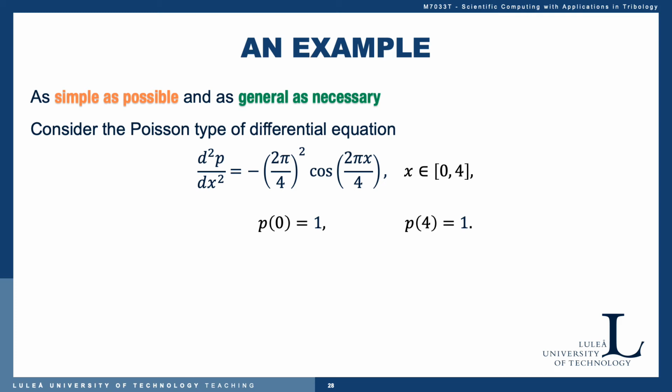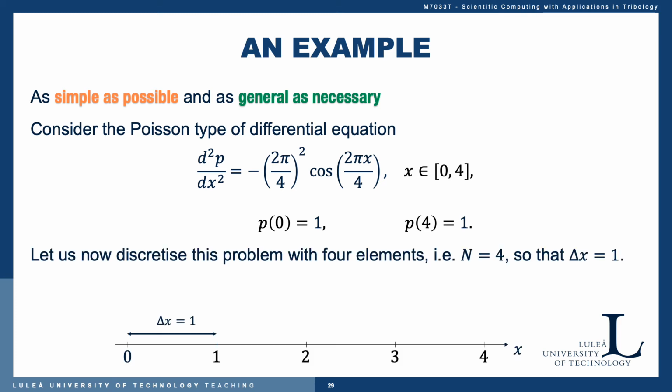We have chosen Dirichlet boundary conditions, where P is 1 on each side, so P at 0 is 1 and P at 4 is 1. Now if we discretize this problem with 4 elements, so n is 4, that means that delta x, the mesh size, is exactly 1.